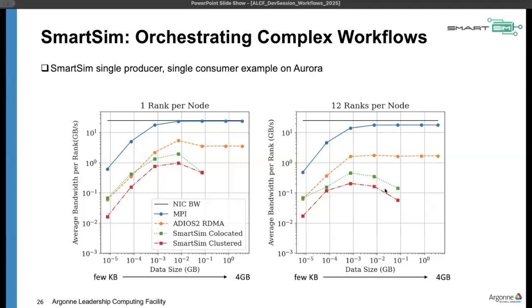This is because we're not really leveraging all of the NICs that we have available on Aurora, and so there is contention. And the extra step to keep in mind here is that the Redis database is taking in the requests from the producer and consumer in a sequential fashion. And so there's also some contention in terms of handling the requests from multiple ranks versus a single rank.